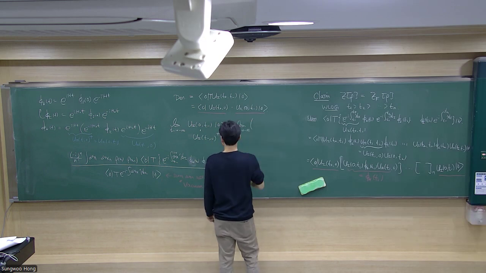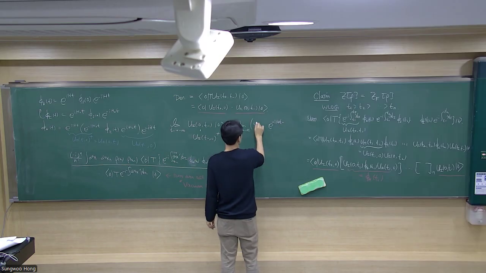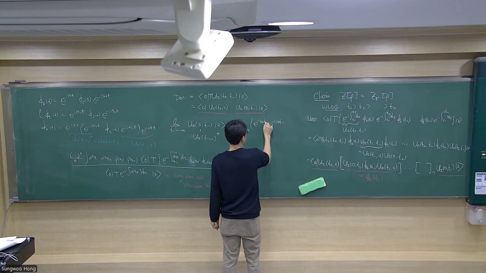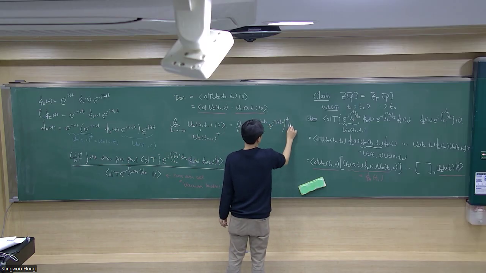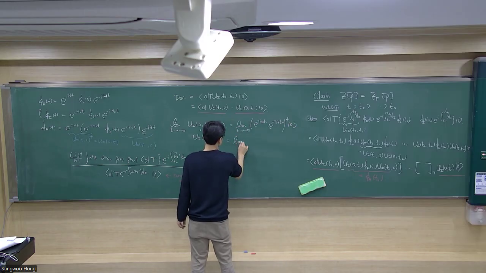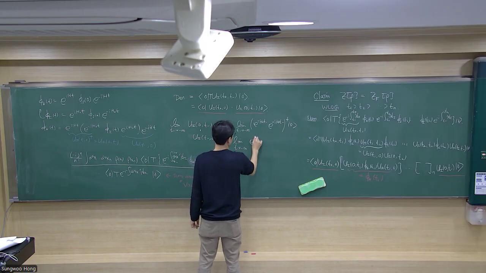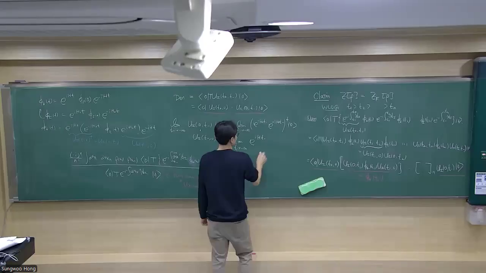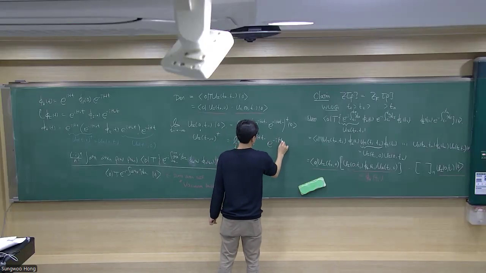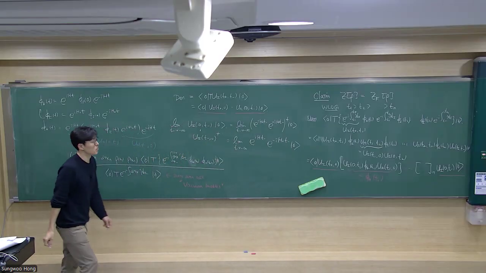So that means that is evolution by the full Hamiltonian compensated by H0 and evolution dagger, acting on the free vacuum.